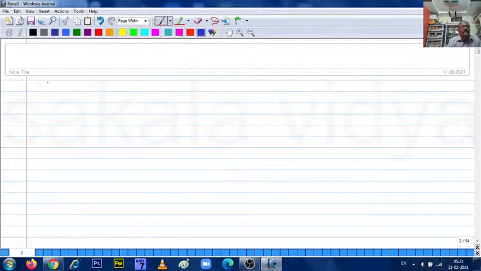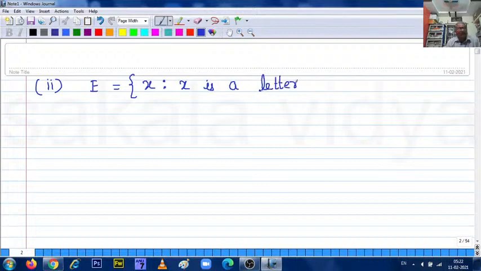Now second question. Set E is equal to x such that, we read this as such that, x is a letter of geometry.